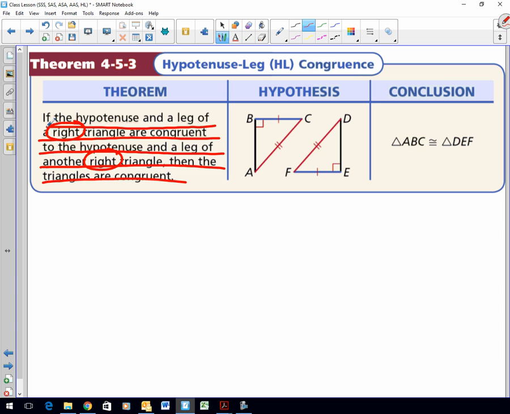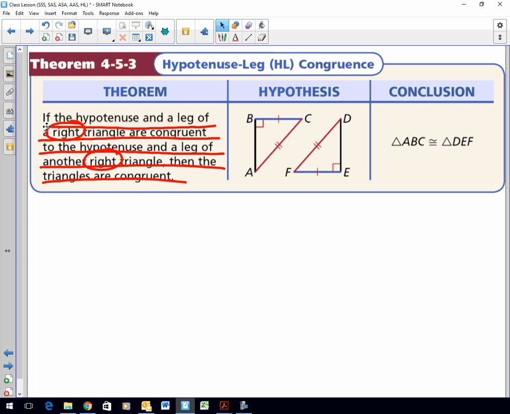What kind of triangles can I use this theorem for? Right triangles, and right triangles only. So we put a little star by it. R-I-G-H-T. Right triangles.